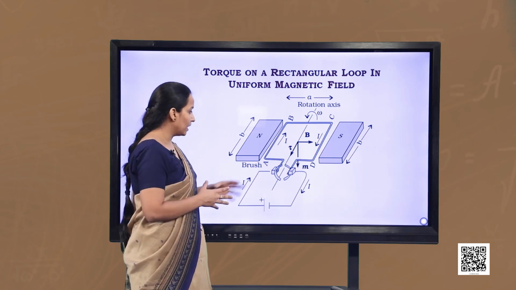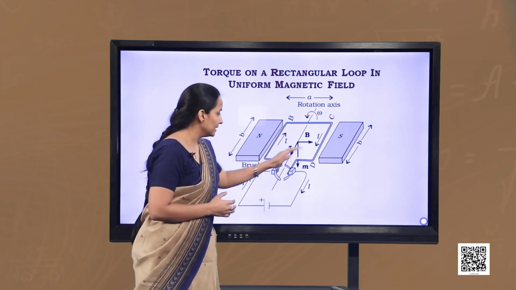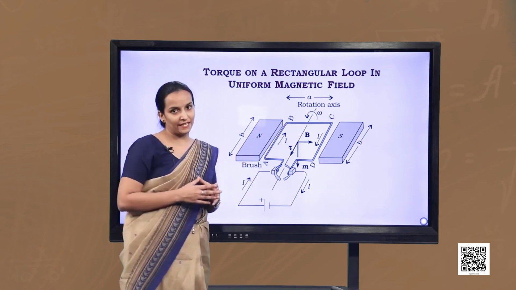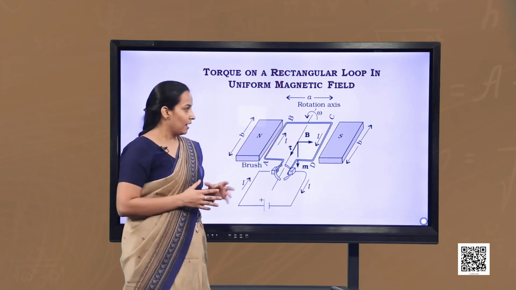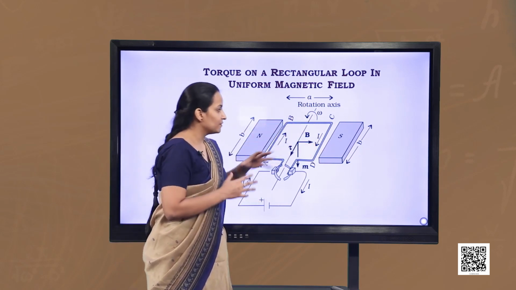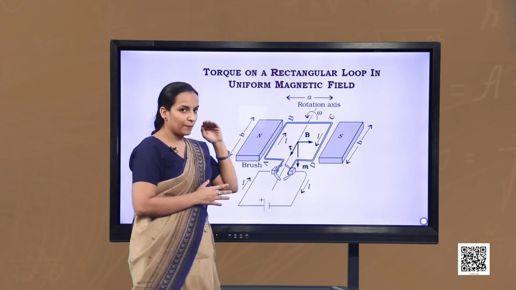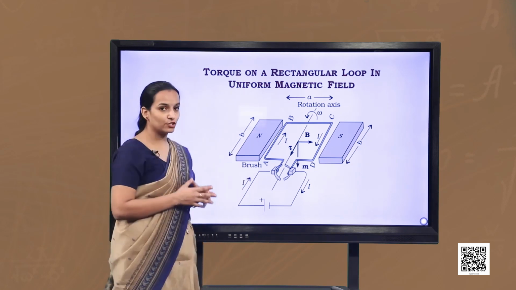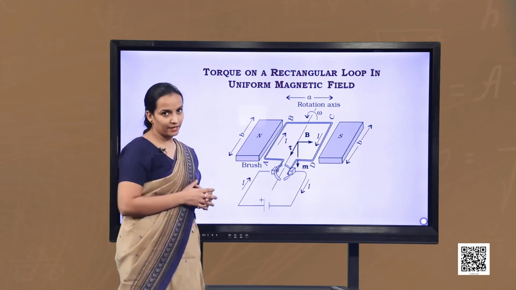But if I talk about AB and CD, the current element of AB is perpendicular to the direction of the magnetic field. The same is the case with CD; its current element is perpendicular to the magnetic field. Now to find the direction of force, we will use the right hand rule.